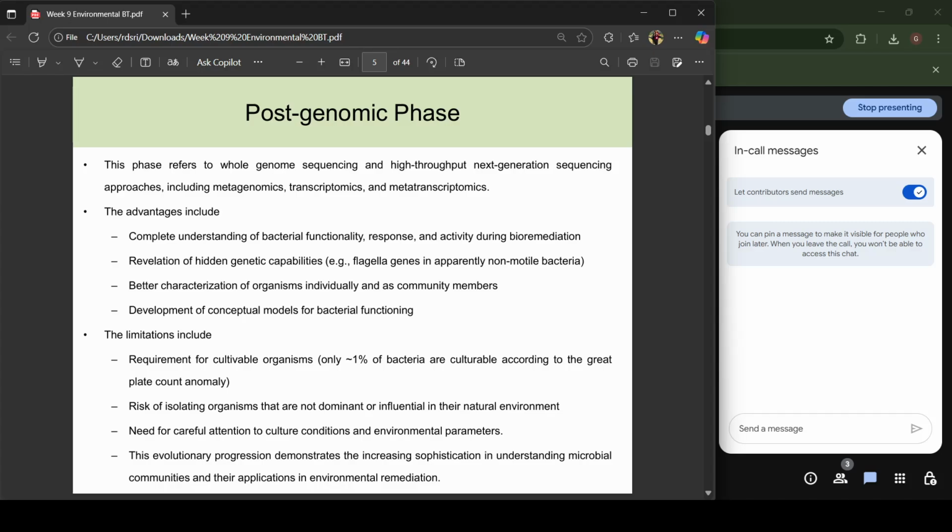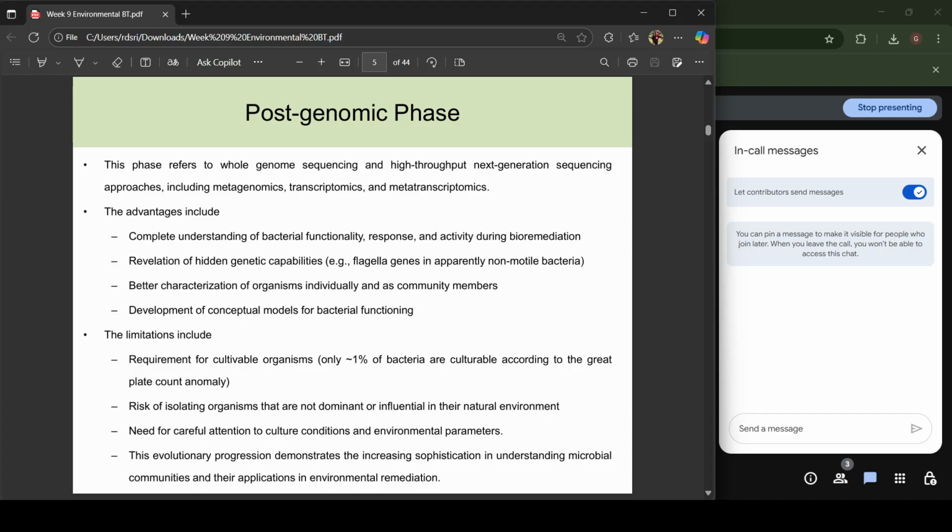We need to know how the organism behaves individually to perfectly characterize it, but equally we need to know about its interaction with other microorganisms in the habitat. So this is the ecological analysis. We are studying the interactions between the organisms. That is possible in the post-genomic phase.